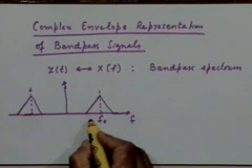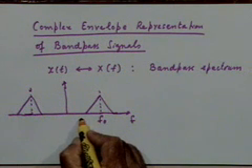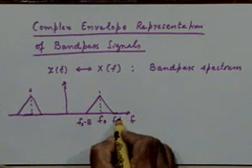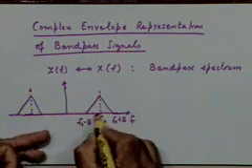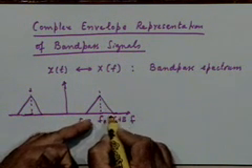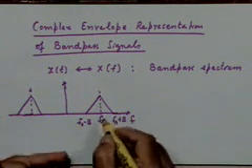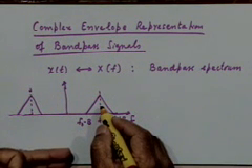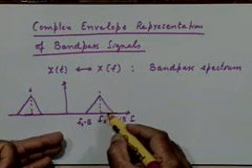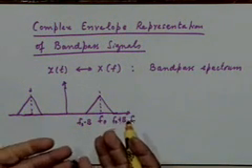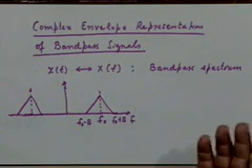For example, for this signal, suppose this is f0 minus b to f0 plus b, where 2b is the bandwidth. So we will say roughly 2b is the bandwidth of the signal. This signal has a bandwidth of 2b and has a center frequency of f0. Again, it is not necessary that the spectrum be symmetric around f0. I have drawn it just like that.